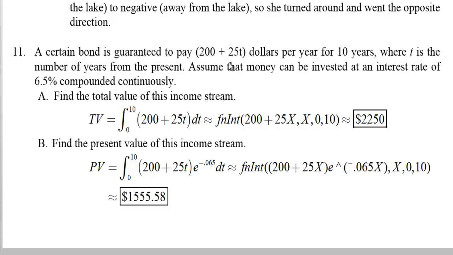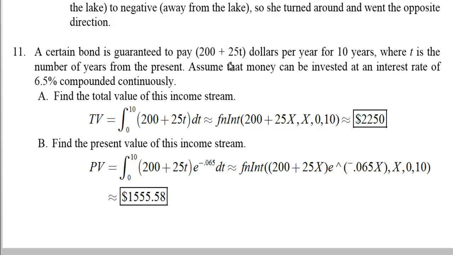And the present value of an income stream is you take the flow rate times e to the minus kt, where k is the interest rate that you can get if you compound it continuously. So notice that k is 0.065 here.